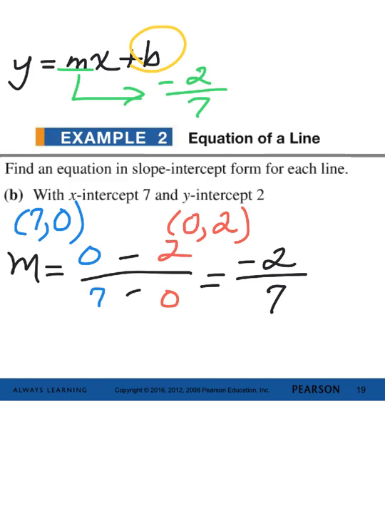Since b is the y value of the y-intercept, then that tells us that b must be 2. So therefore, our equation in slope-intercept form is y equals -2 over 7 times x plus 2.